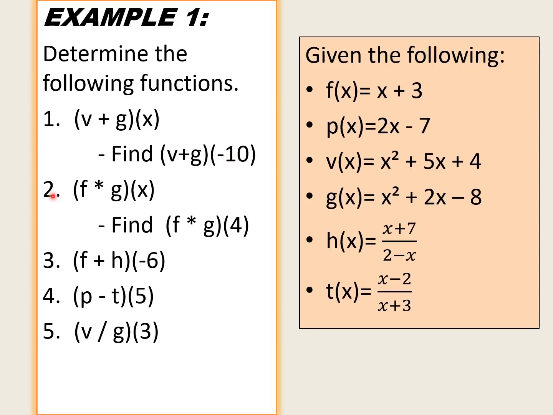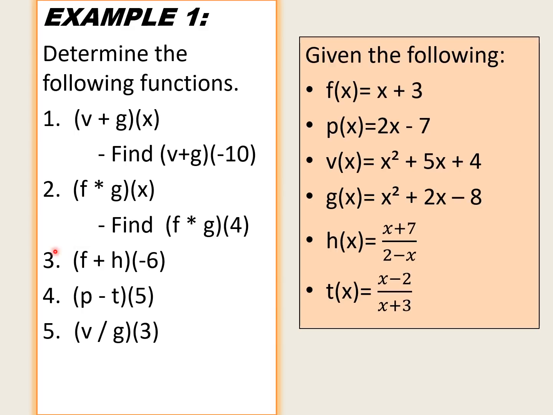Now for item number 2, it is a product of two functions, function f and function g, of the same domain, which is x. Now it is also a requirement for us to evaluate the given product with x, which is equal to 4.